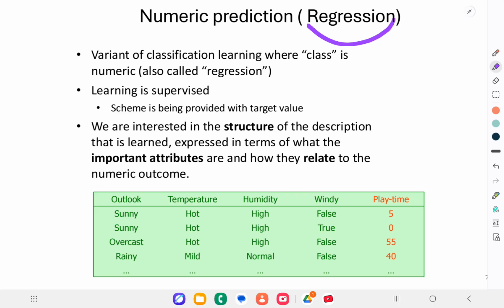Okay. So just like classification, regression is supervised. During training, the model is given not only the input features, but also the correct target value, right? And this value could be a dollar amount, a duration, anything really numeric, okay?